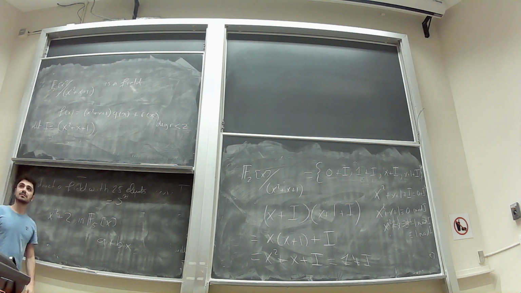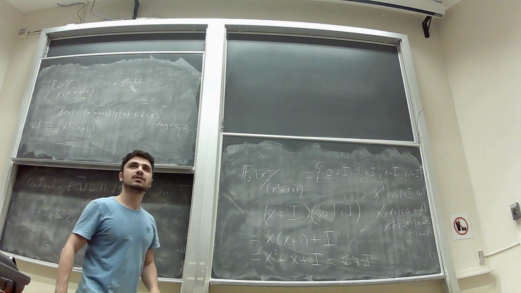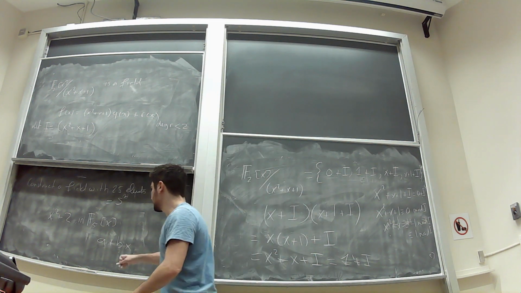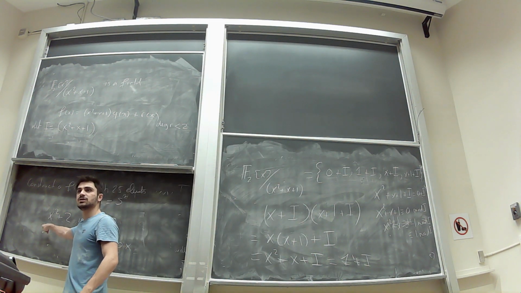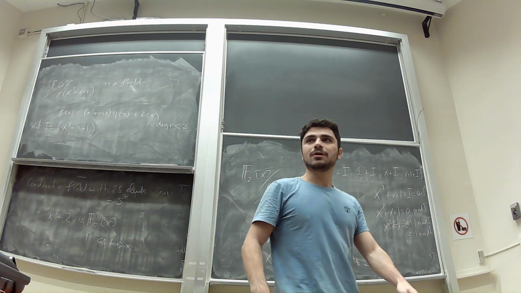What is the remainder? It's of this form. This is because when you take the remainder of f by x squared plus 2, the degree of the remainder is strictly less than the degree of x squared plus 2. Agree or not?